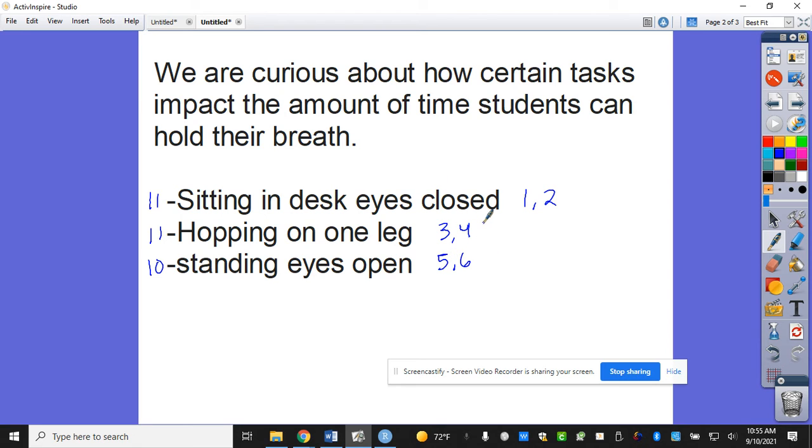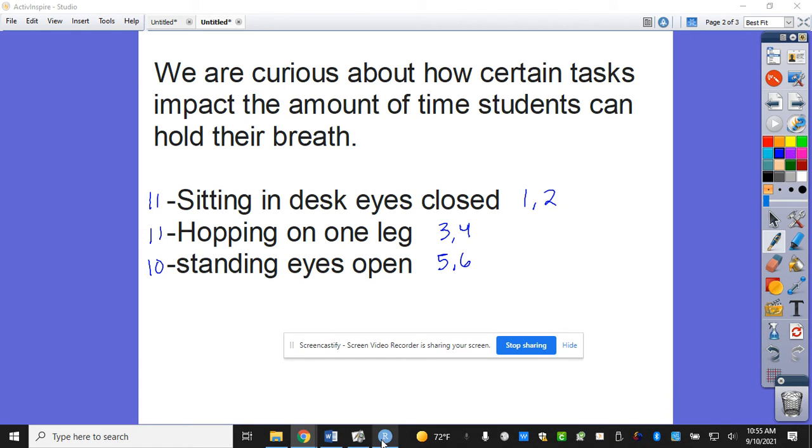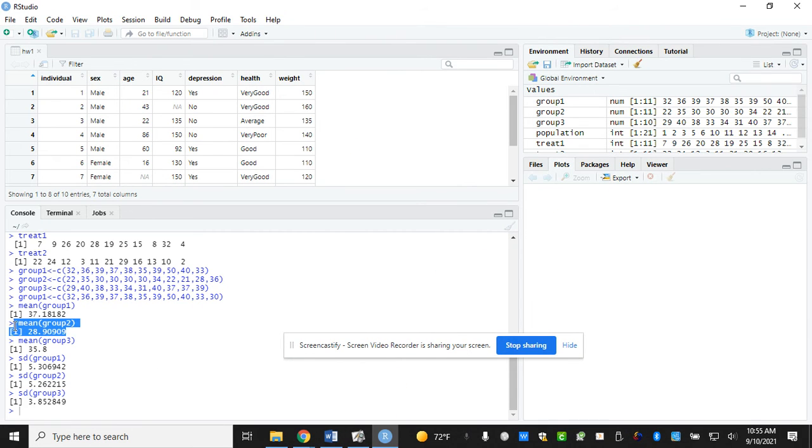So are 11 people or 10 people very much? Is that a whole lot of people in a group? So if you have one person, is it going to throw things off a little bit if they're a lot higher or lower? Yeah, so it makes a big difference with that. But definitely it seemed like hopping on one leg made a huge difference. Is that probably what we would expect?